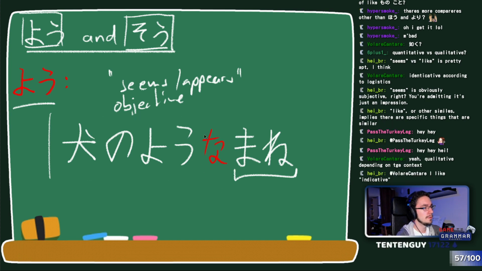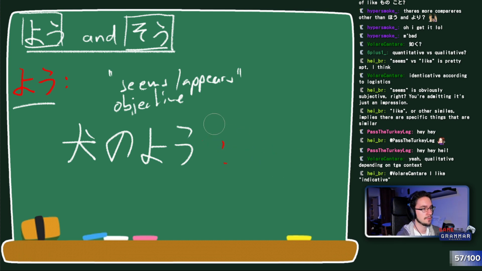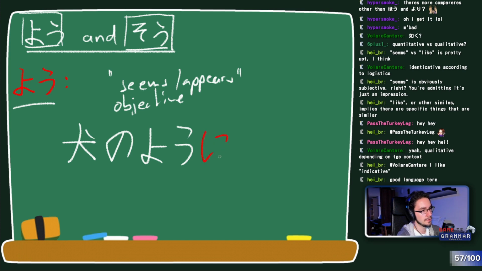We can also use it as an adverb. How do we use adjectives as adverbs? Well, instead of na, we say ni, and then we add the verb after that. I hope you remember this. We did go over this. If you don't remember adverbs and adjectives and stuff, I have made lessons about that. Inu no yo ni, and then we could use some verb that dogs do.